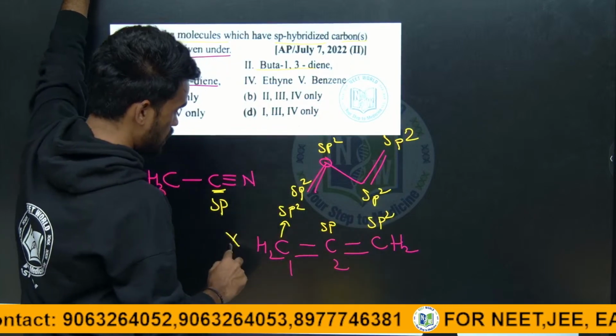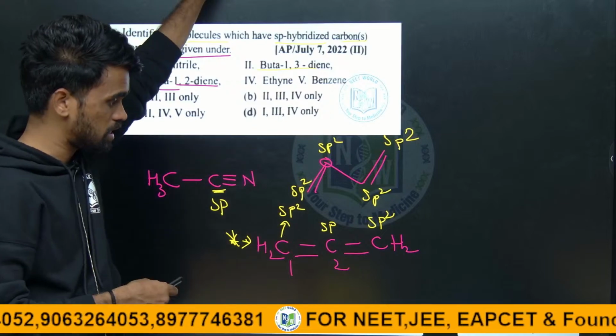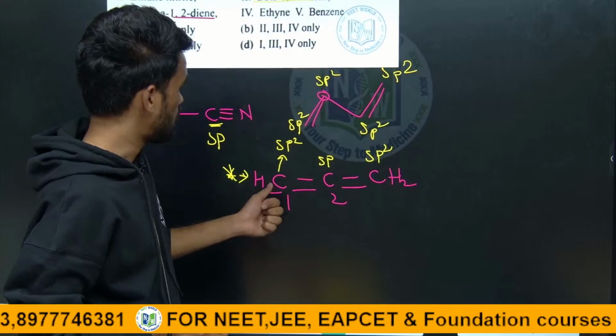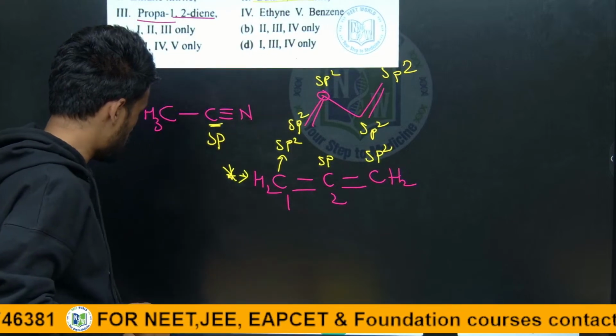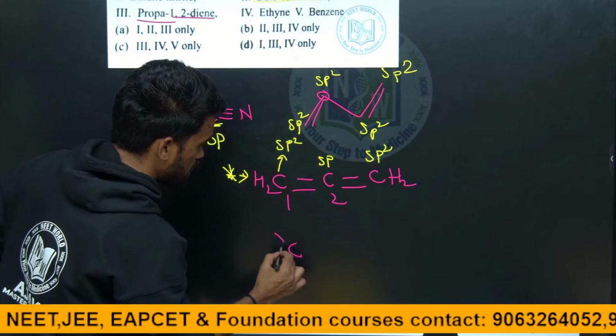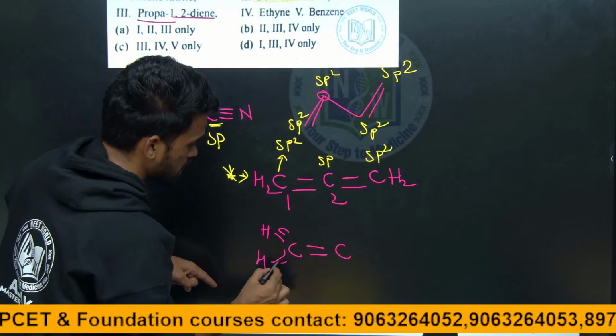Frequently asked questions are there based on this: identify the hybridization from the given compound. You need to identify it based on the number of sigma bonds present around the carbon. You can write it in this format: 1 sigma, 2nd sigma, 3rd sigma.